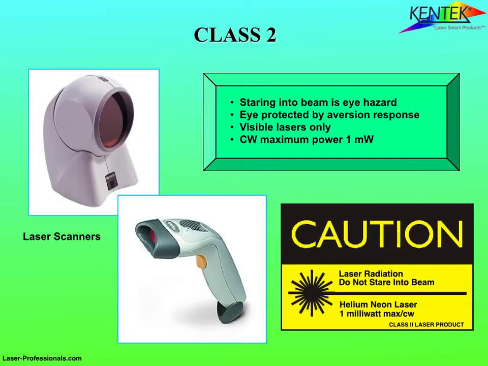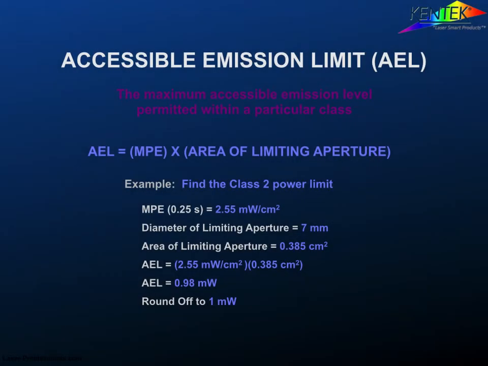Now, how classification is really done is we look at the accessible emission limit, or the AEL. This is the maximum emission level permitted within a particular class. So for class 2, the AEL is equal to the MPE for a class 2 laser, and I'll show you how to get that, times the area of the limiting aperture. So this would be the area of a 7 millimeter aperture.